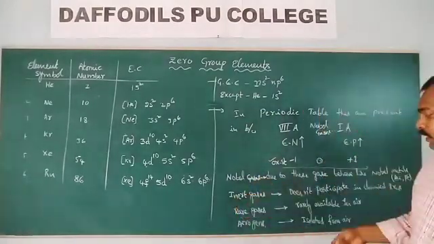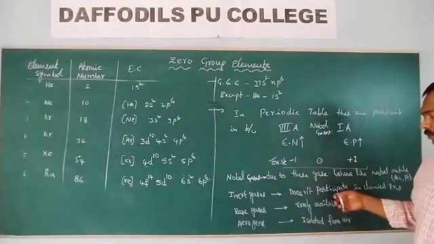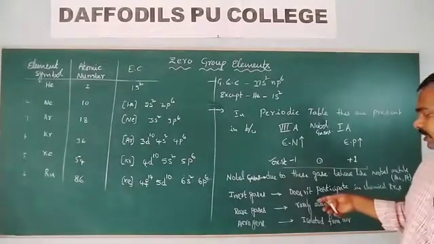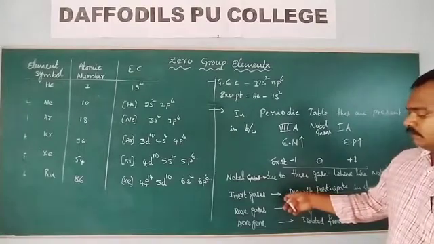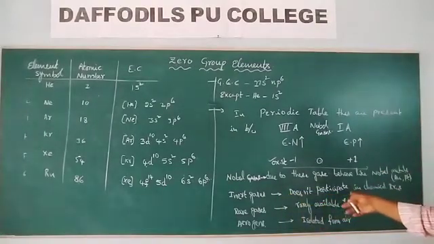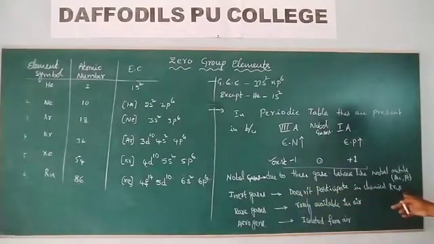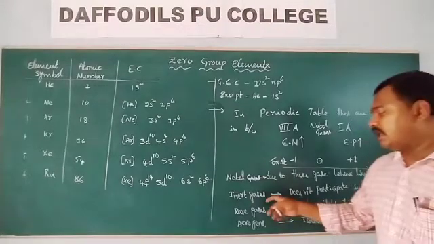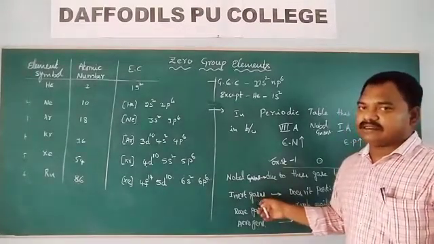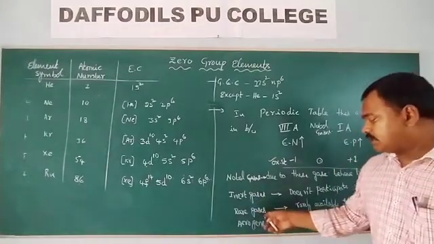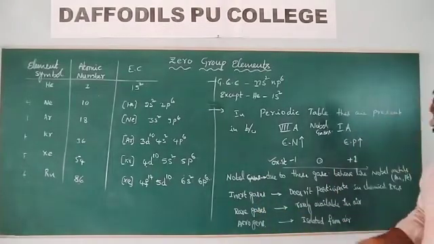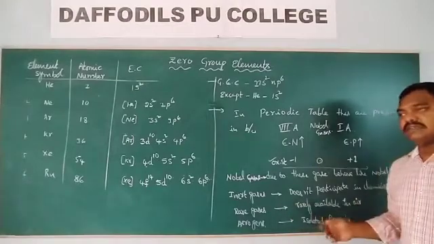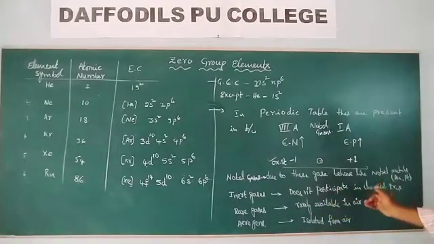Next one is inert gases. Why are these elements called inert gases? These elements do not participate in chemical reactions because of the completely filled orbitals. Hence, they are called inert gases. Next, rare gases. These gases are very rarely available in the Earth's atmosphere.